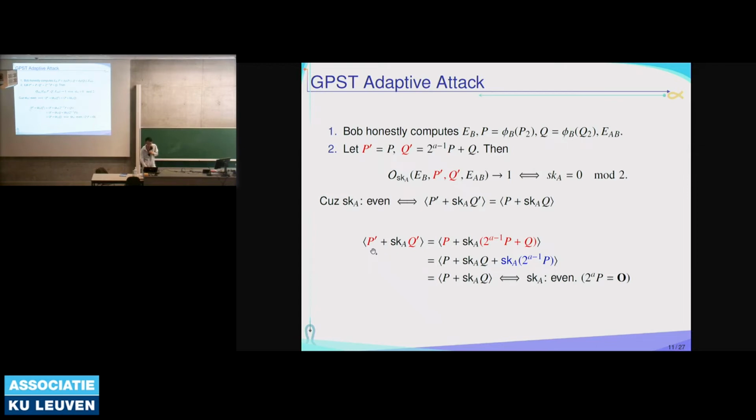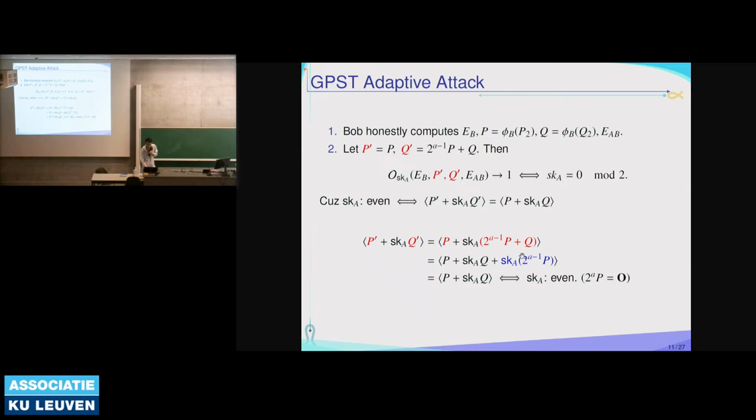So we expand this. P' and Q' are the points manipulated by Bob, and we expand P' as P, and we expand Q' as Q plus 2^(A-1) P. And then we use the distributive law, and you get P plus SK Q, which is the same as before, but with one additional term, that is SK times 2^(A-1) P here.